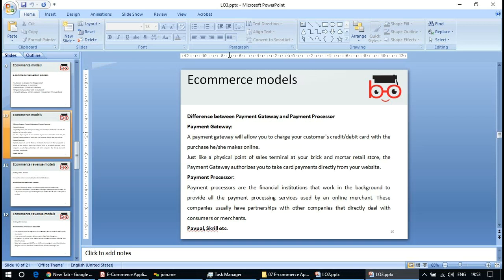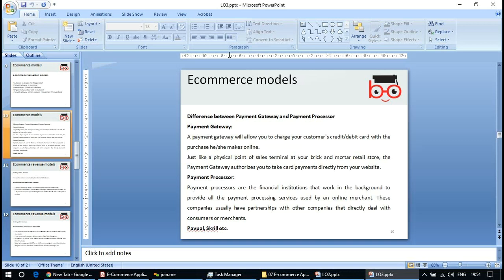Do you have an idea of any payment processor? Is that like the bit where it connects to the bank? Basically, they are a financial institution. They work in the background to provide all the payment processing services, like PayPal. Okay.